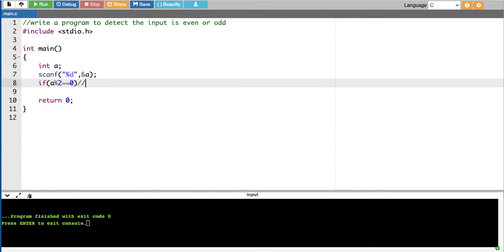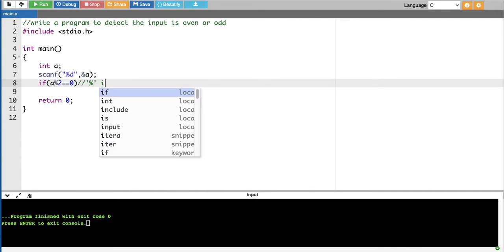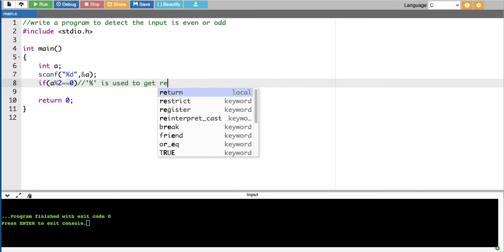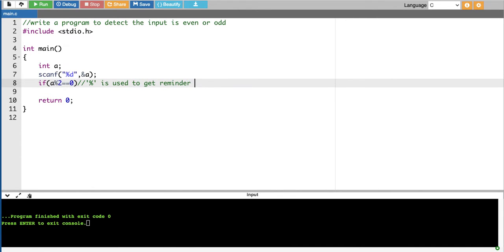So I'm writing here in a comment, this percent is used to get the remainder. If we write percent 2, then it gives the remainder: 8 divided by 2, the remainder is 0.